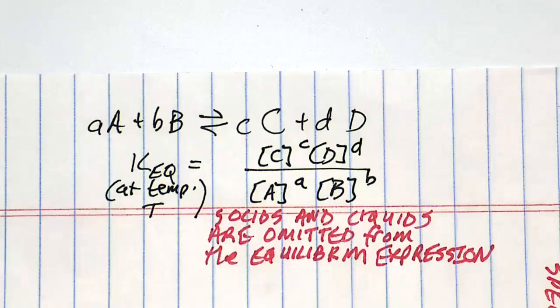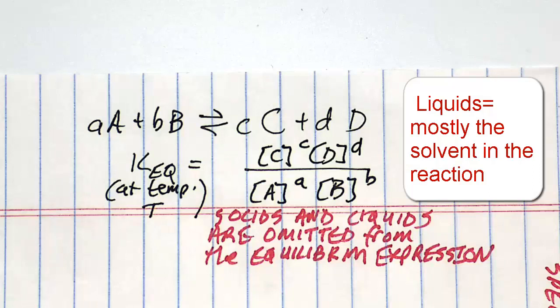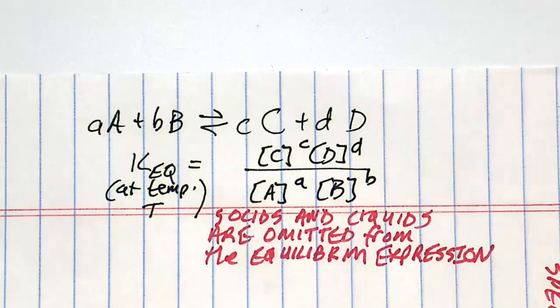Liquids do not get put into the equilibrium expression because in most of the reactions, if there is a liquid involved, that liquid is a solvent. And the solvent is the dissolving medium in which the reaction occurs. So in aqueous solutions or aqueous reactions, the liquid there is water, and that is where the reaction is going to occur, in the dissolving medium.